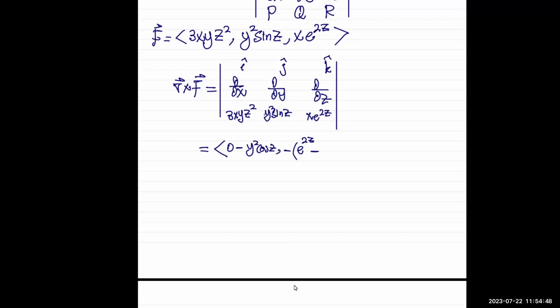Minus, we have the derivative with respect to z of 3xyz squared, which is 6xyz.